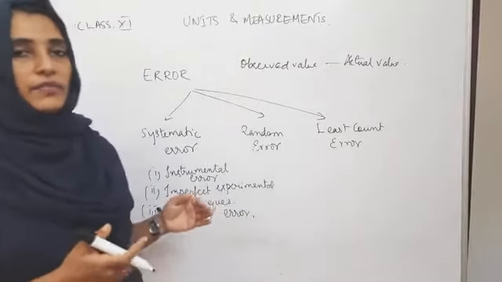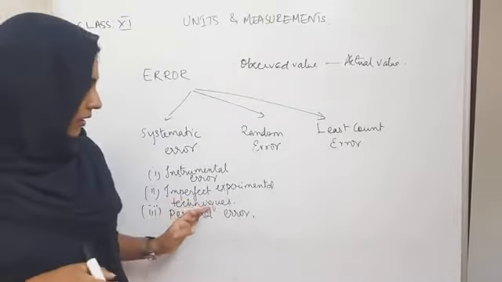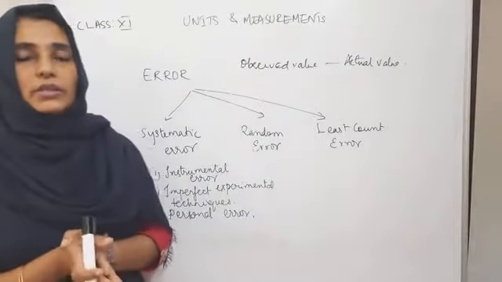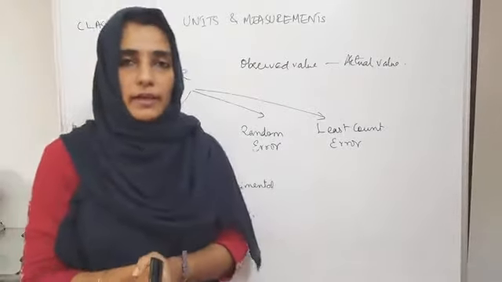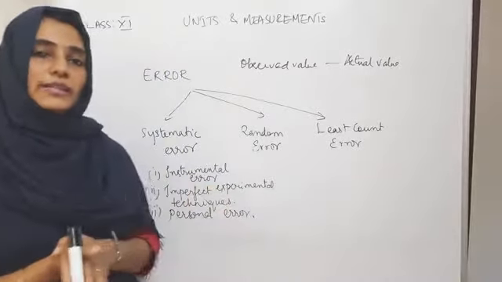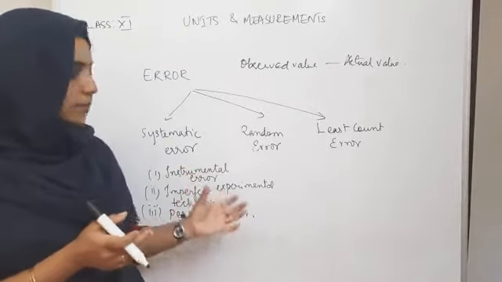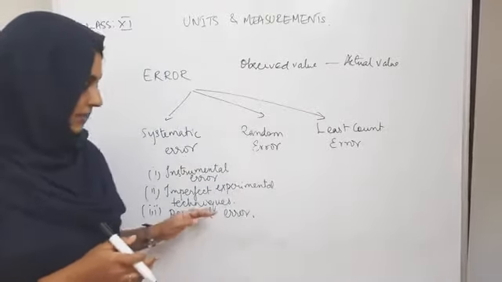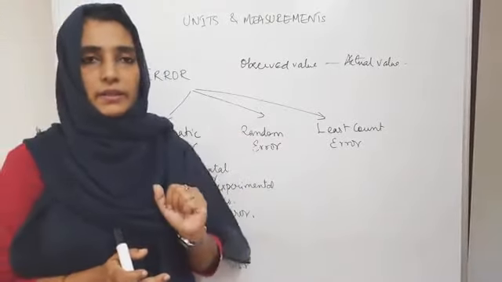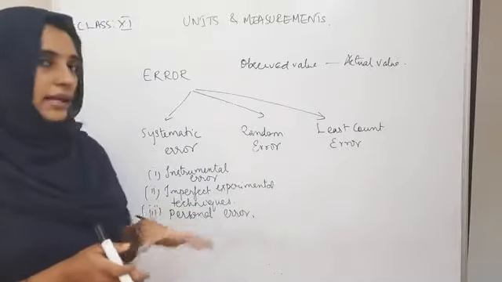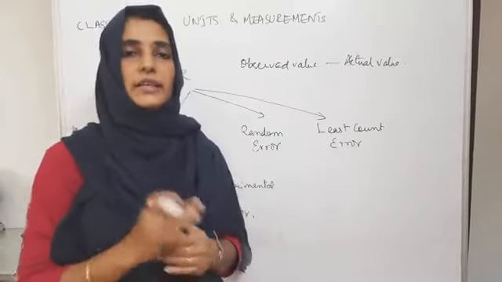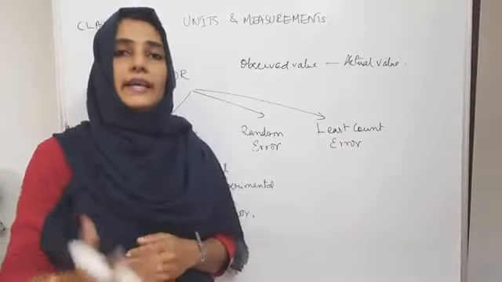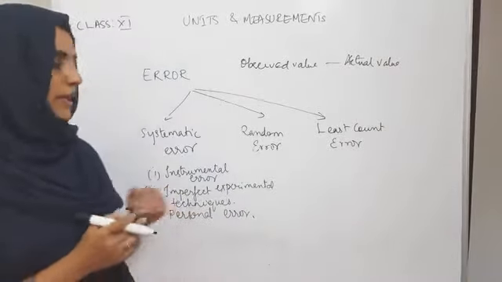And if a person is really negligent or careless about finding a measurement, then that error will always occur with that person doing the experiment, and it will finally reflect in the final result. So we can reduce personal errors by being more cautious or careful and taking necessary precautions while doing the experiment.